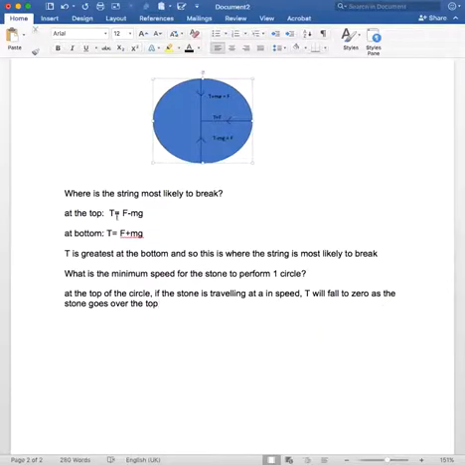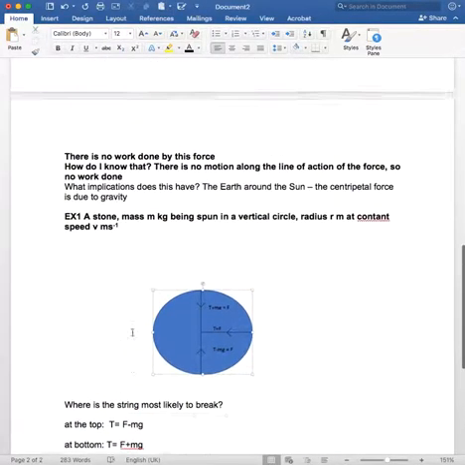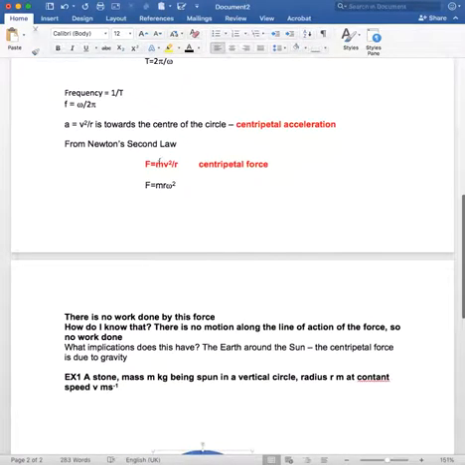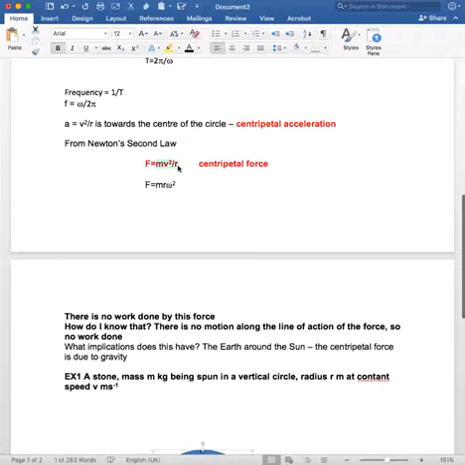So if we take our expression for tension at the top, T is F minus mg, so that equals 0, so F equals mg, but F equals mv squared over r.